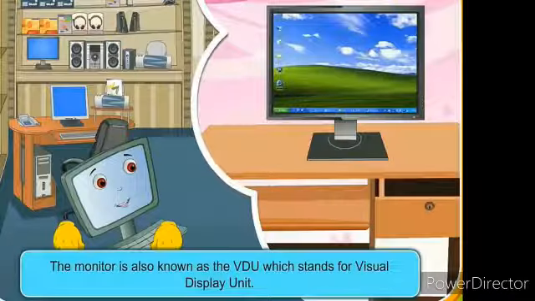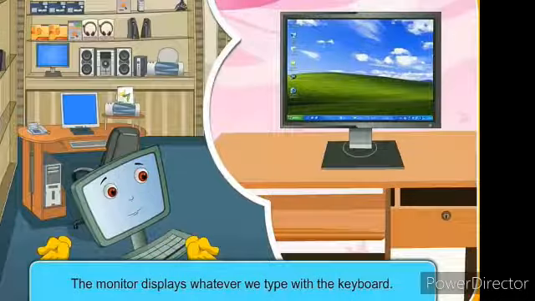The monitor is also known as the VDU, which stands for Visual Display Unit. It looks like a TV screen. The monitor displays whatever we type with the keyboard.